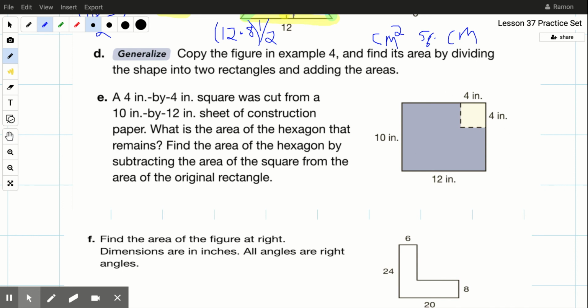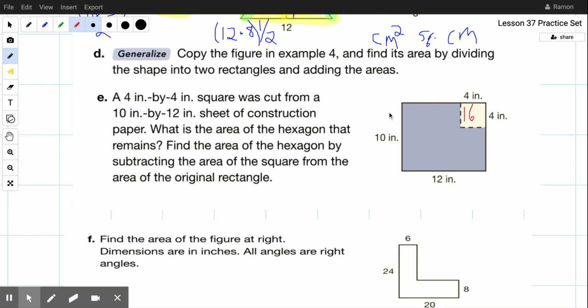So what we have here is the area of the square, which is a 4 by 4 square, giving us an area of 16 inches squared.